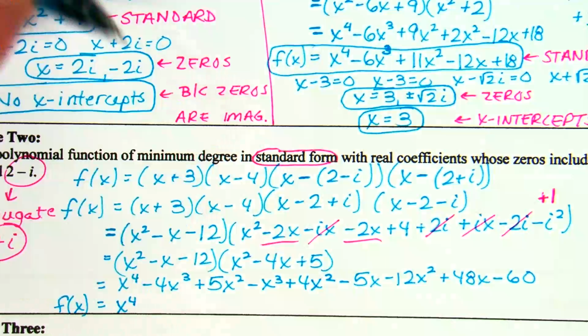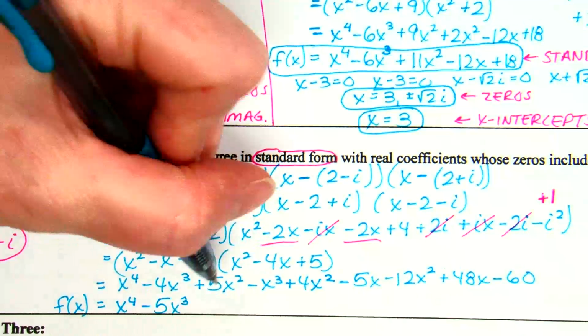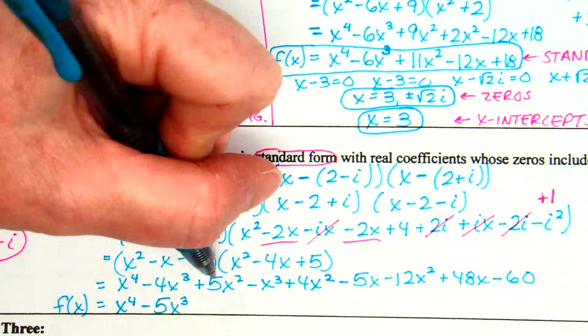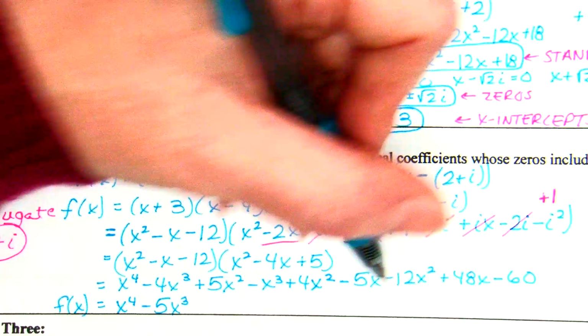x to the fourth minus 4x cubed and minus x cubed, minus 5x cubed. Wait. 5x squared and 4x squared is 9x squared minus 12x squared. 9 minus 12 is going to put me at minus 3x squared.